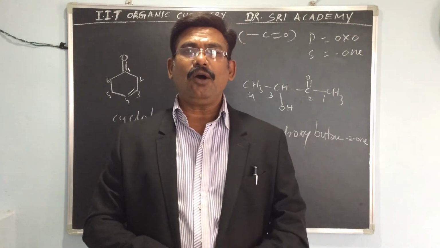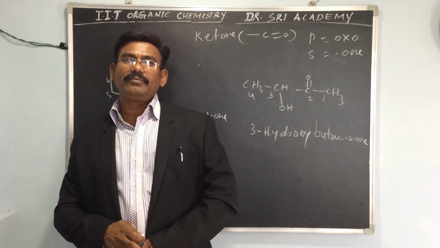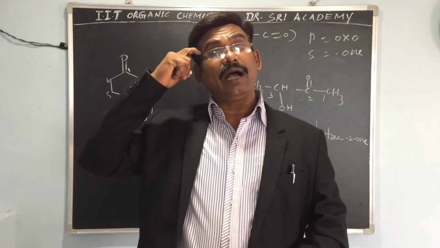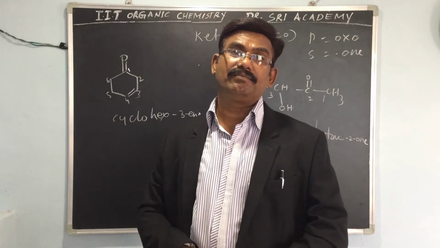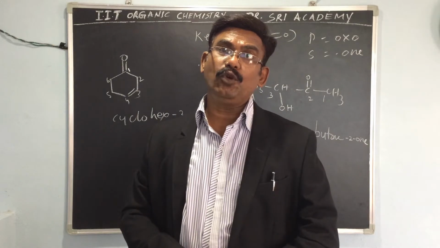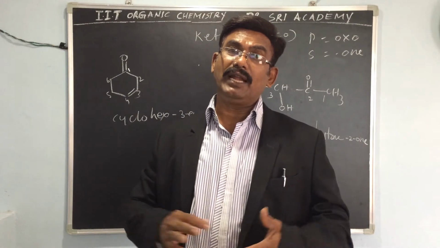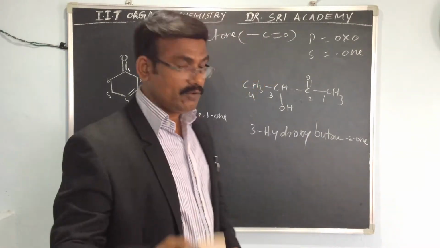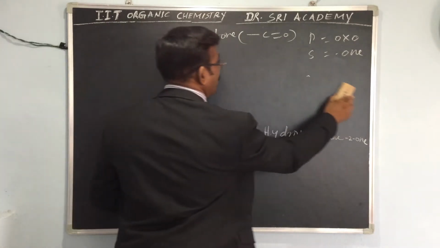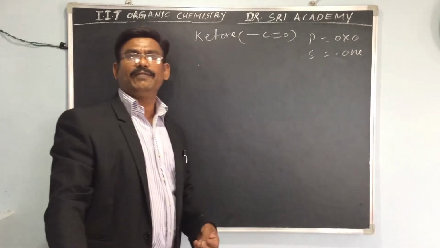Now we can see that under naming, if an amine group is present along with a ketone, you have to see 3 functional groups: the amine group, the keto group, and the ene. That example is very important, especially for IIT students. So one best example, 3 functional groups.